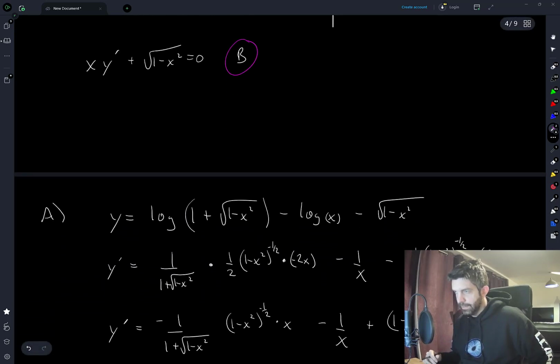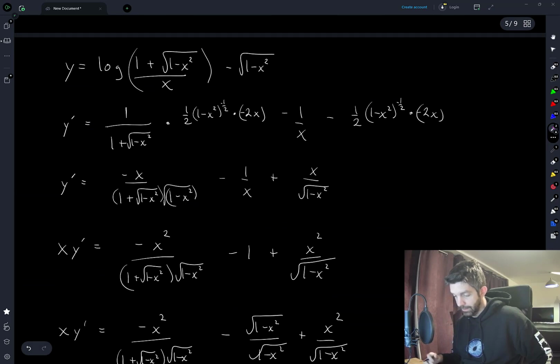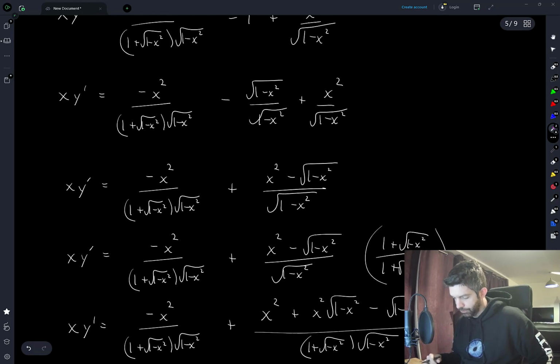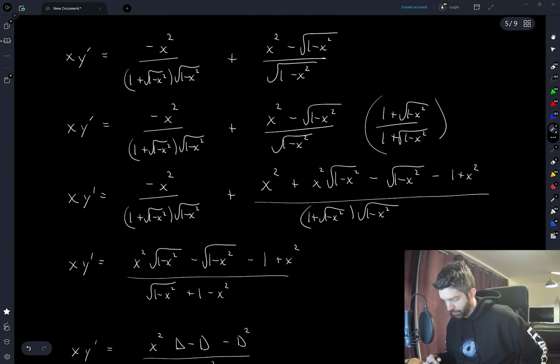Then what I did is I showed that the curve defined by option A satisfies that ODE. I just brute forced it. Took a derivative of this. It was really just a bunch of messy algebra. I probably should have used a placeholder for the square root term much earlier.